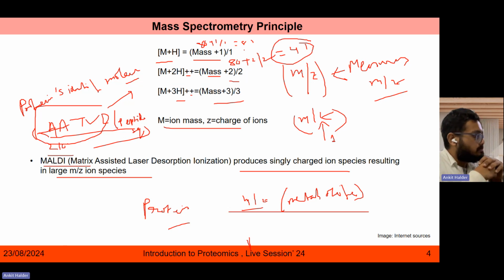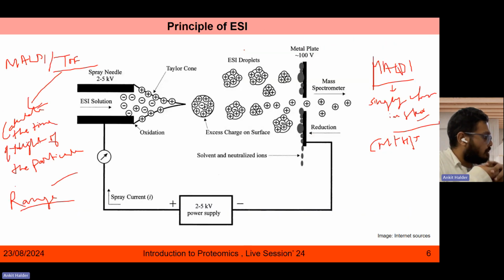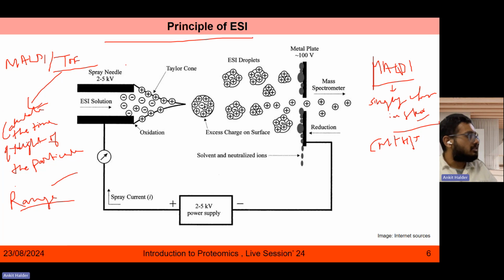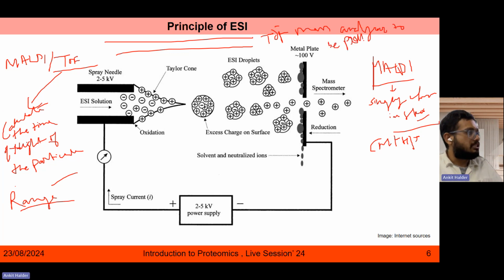So that's why if you are doing MALDI-TOF and you are generating singly charged ion species, then you need your TOF mass analyzer to be pretty long.